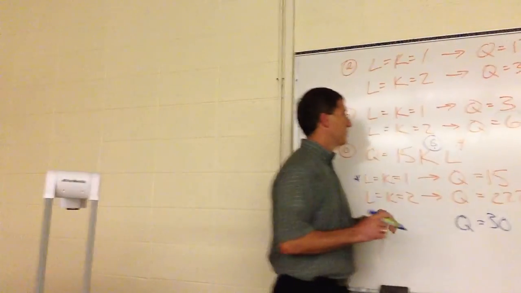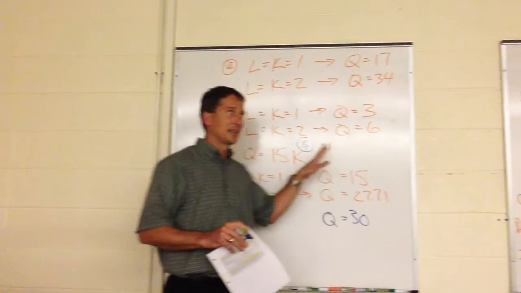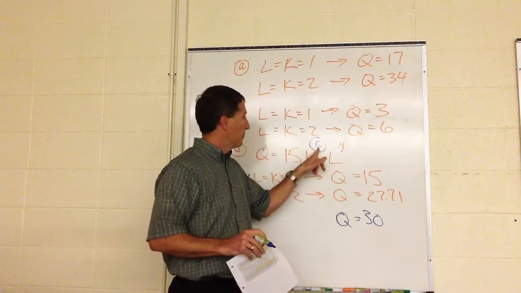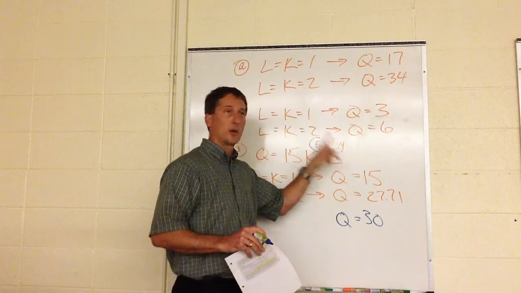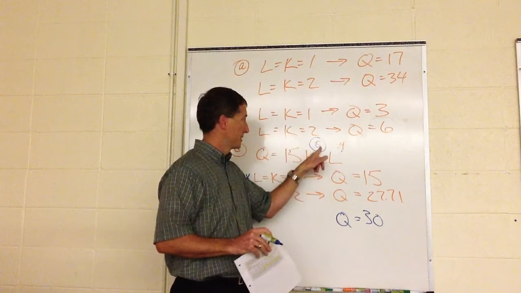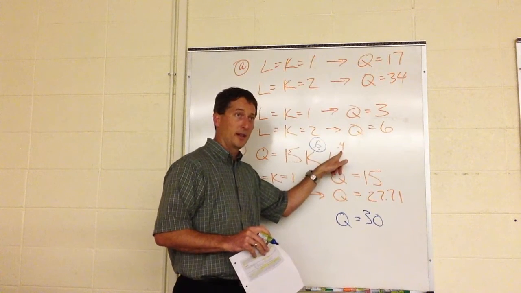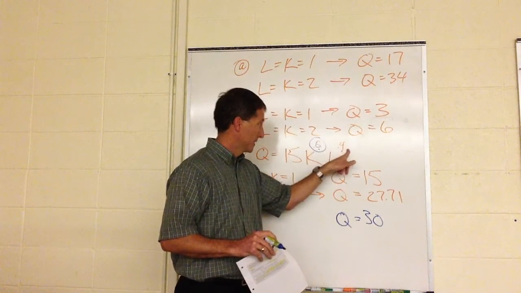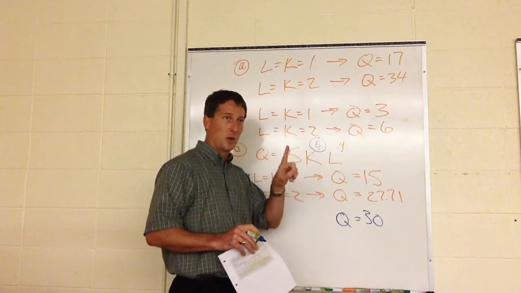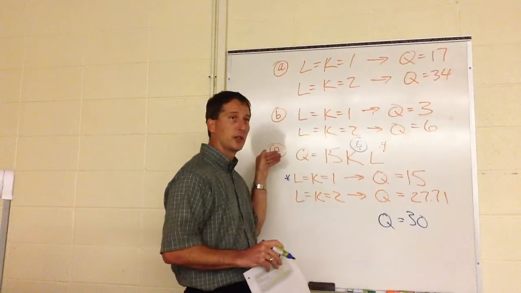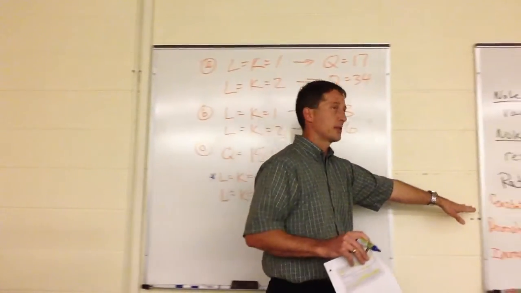All right, so this might be something you haven't seen yet. If the two exponents sum to 1, whether this is 0.7 and this is 0.3, or 0.9 and 0.1, the production function exhibits constant returns to scale.